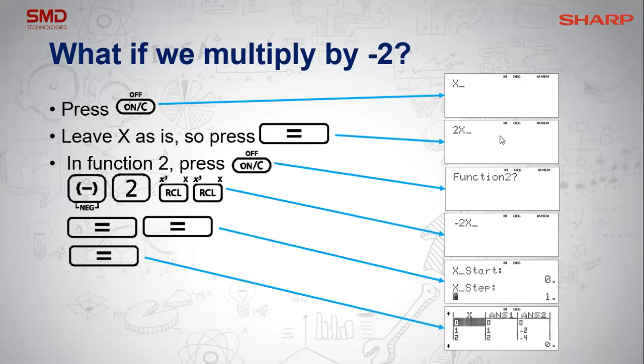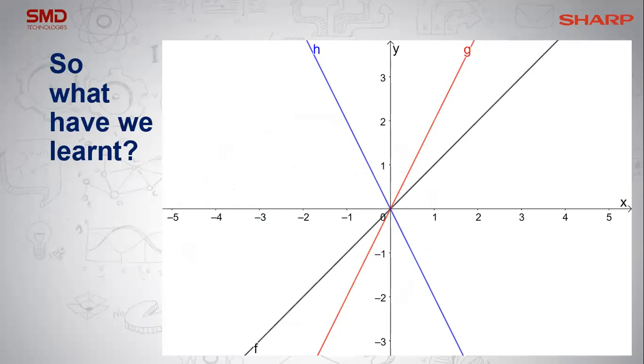What happens if instead of 2X, we multiply it by minus 2x? What would happen to the slope of the graph then? If we plotted our coordinates and connected the dots, what would it look like? Here, the black one is our original y is equal to x graph. The red one is our y is equal to 2x graph, and the blue one is our y is equal to negative 2x graph.